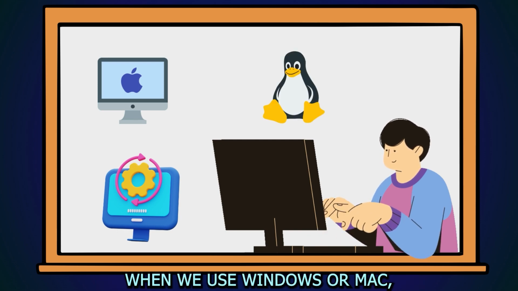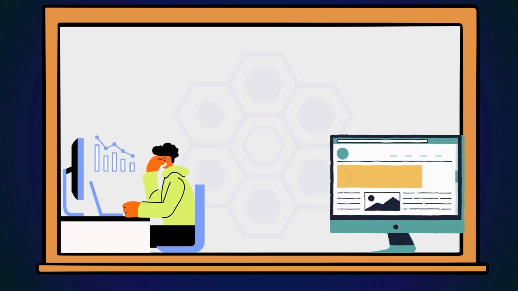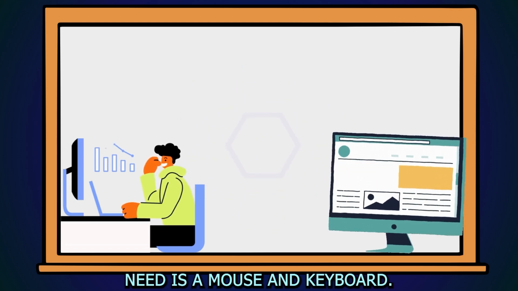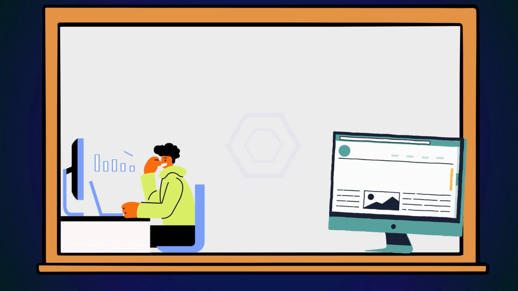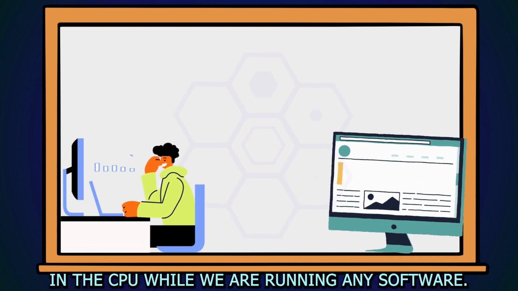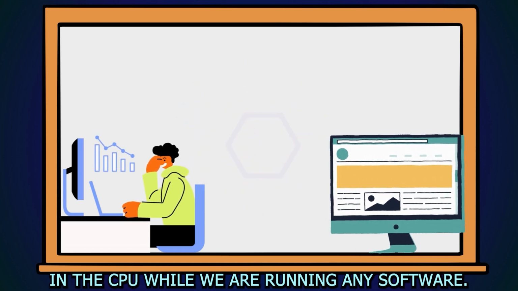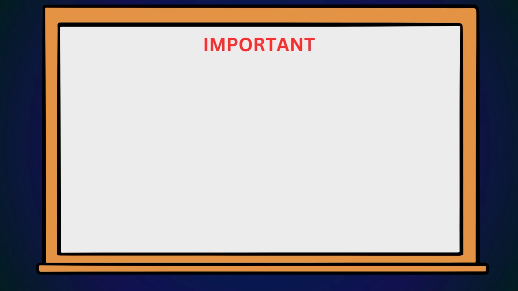When we use Windows or Mac, we find it so smooth and easy to use. All we need is a mouse and a keyboard. But behind this smooth display, there is a lot of coding and a lot going on in the CPU while we are running any software. Now focus, as this is important.